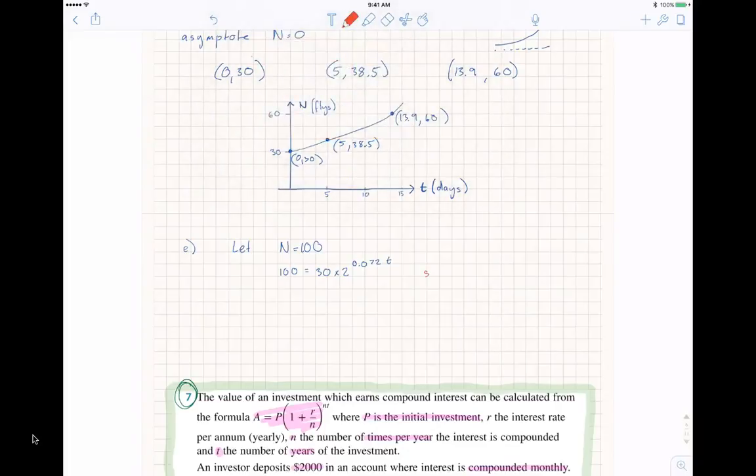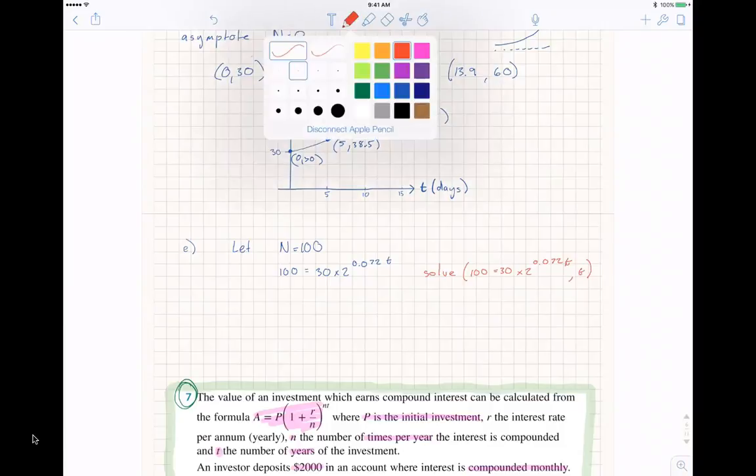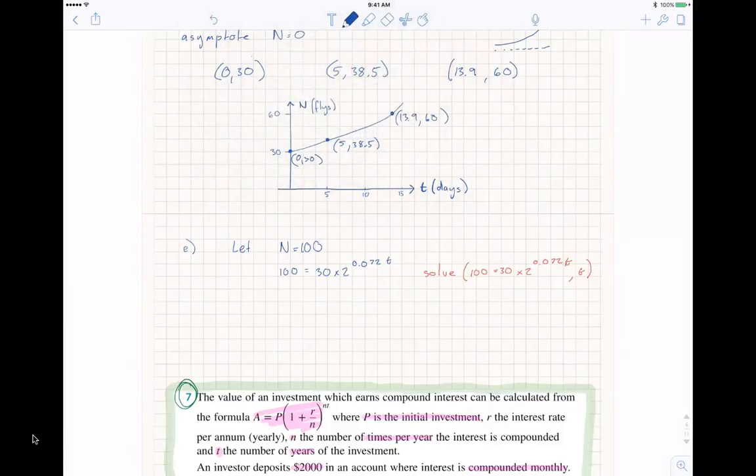Using solve, we'll find that t is equal to 24.12.